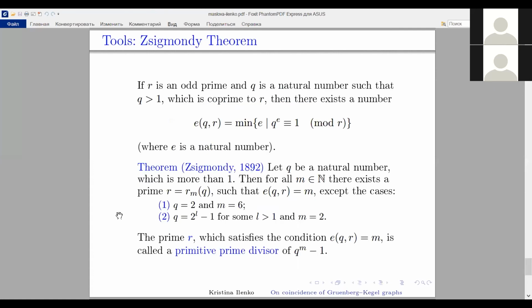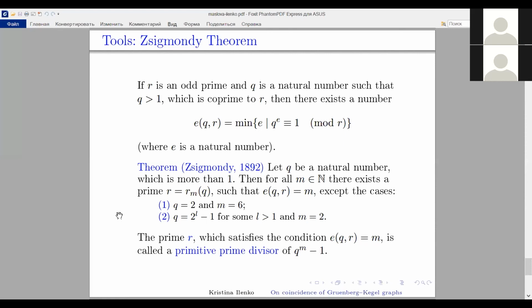And the last one is Zsigmondy's theorem, which is an important number theoretic tool when working with a Gruenberg-Kegel graph. Let's start with the definition.